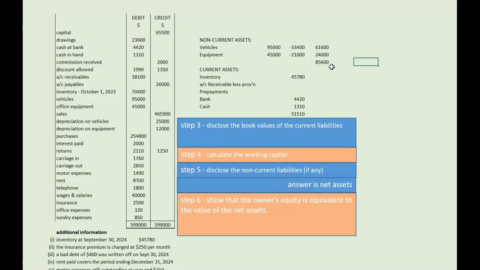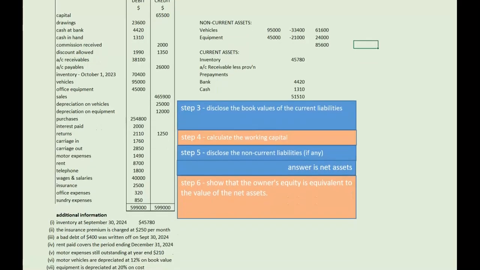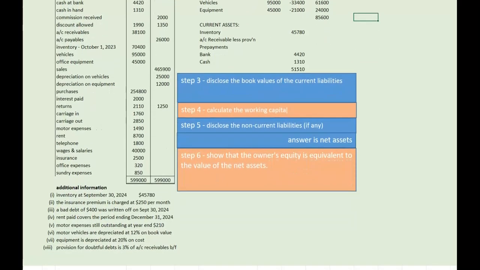We have the inventory, the accounts receivable, and we know that there was a provision made on those accounts receivable, and just like depreciation, you have to remove that provision, because depreciation is also a provision. So if we remove that, we would also remove the one on the receivables.